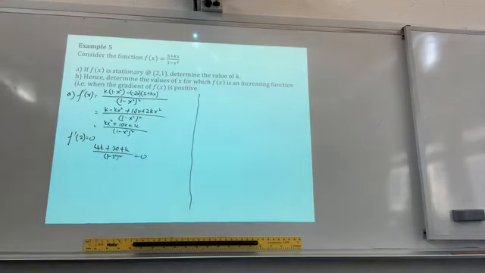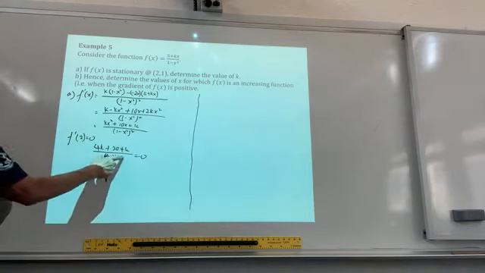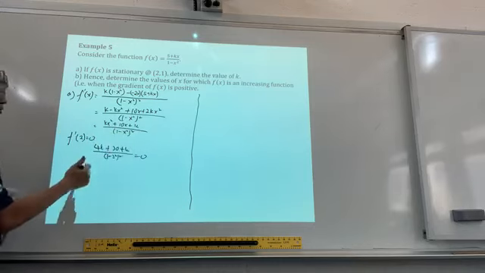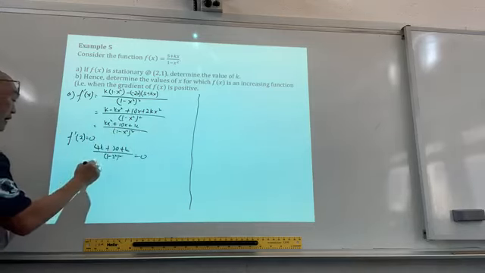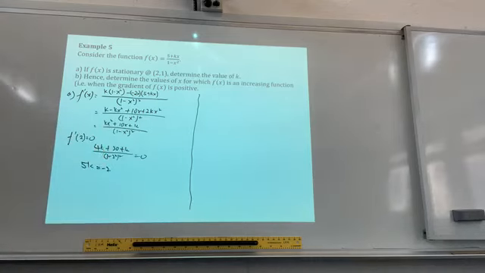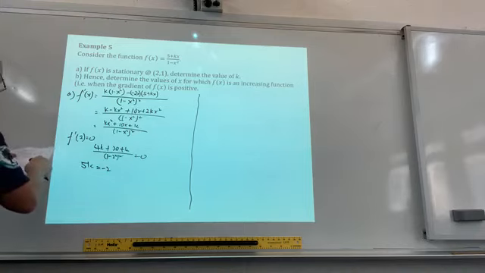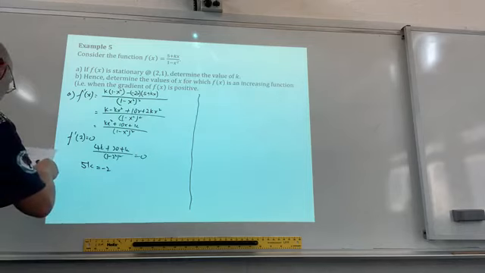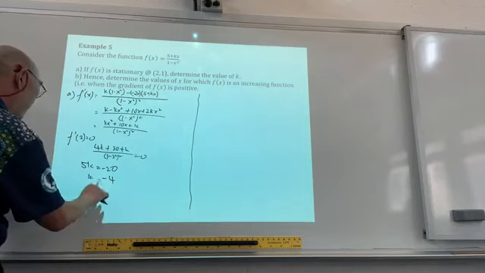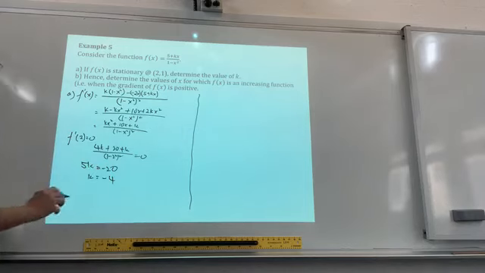Now, you know that 1 minus x squared will never be 0 anyway, for that to be valid. So therefore 5k equals minus 20. 4k? Oh, hang on, have I done something wrong? No, it's 5k. Yep, 5k equals minus 20. k equals minus 4. Alright? k equals minus 4.